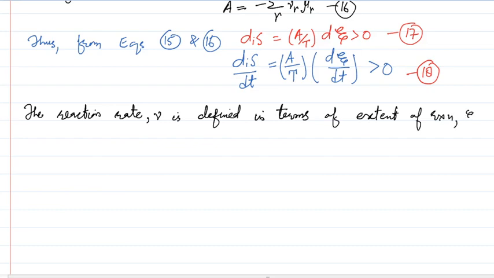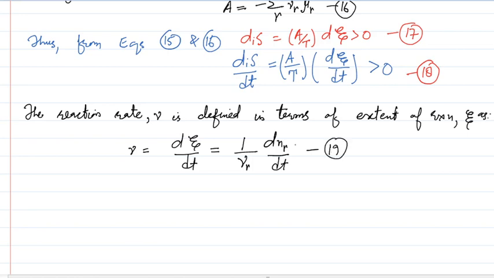That means zeta, as we'll simply write, mu is equal to d zeta upon dt, which will be equal to 1 upon nu gamma dn gamma upon dt. So it is equation 9.